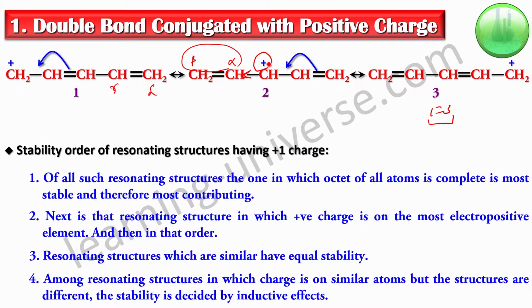And therefore, the positive charge on molecule number 2 is increasing compared to 1 and 3. And since 1 and 3 were already equal, the order of stability is like this. This is the order of stability. And if you haven't followed this, go through this part of the video again.